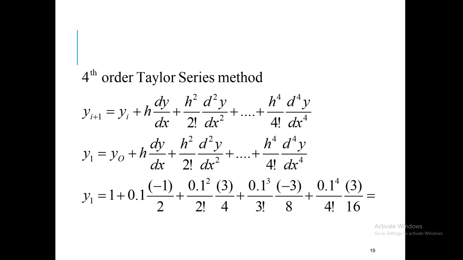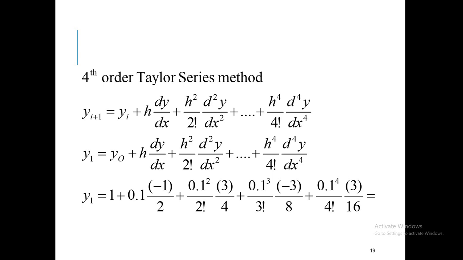So y1 is equal to y0 plus h times y prime evaluated at the given point, plus h squared over 2 factorial y double prime, plus h cubed over 3 factorial y triple prime, plus h to the fourth over 4 factorial y fourth derivative.